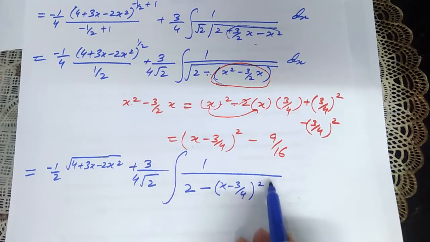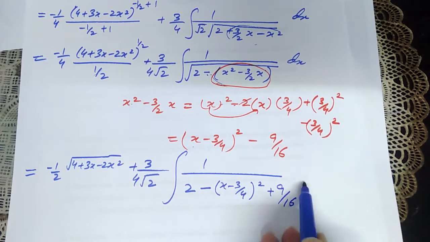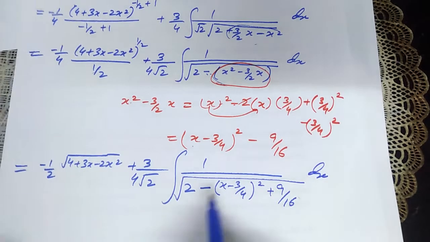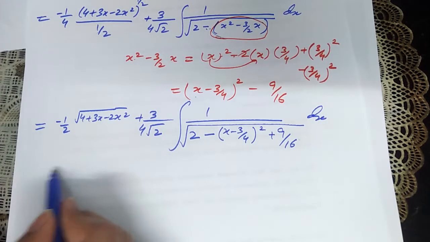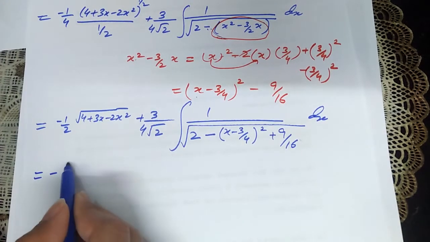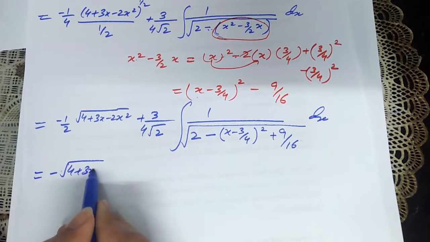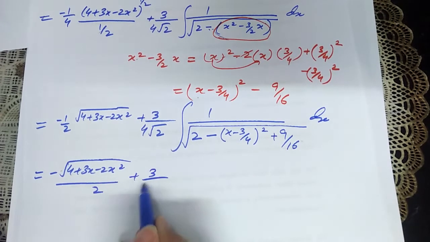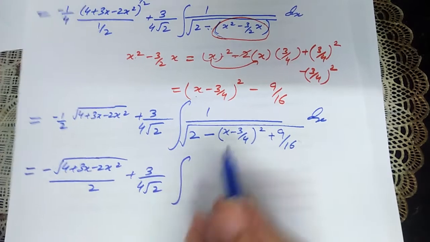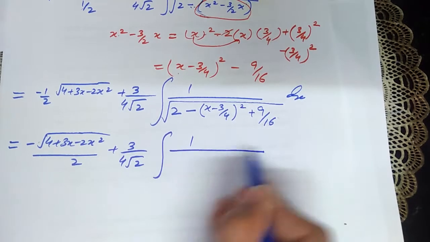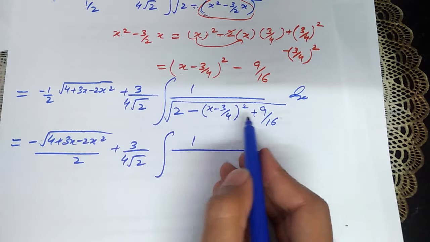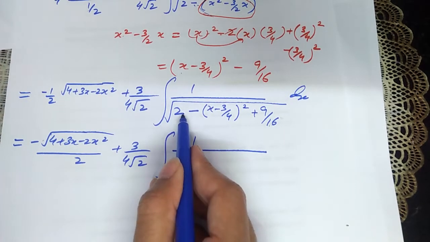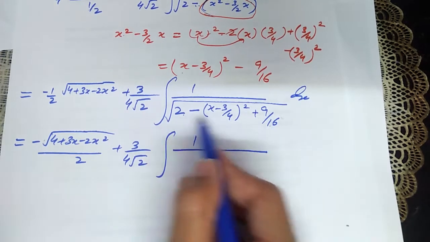That minus will become plus 9 over 16, the main under root dx. It will become minus under root 4 plus 3x minus 2x square divided by 2 plus 3 over 4 under root 2, and this thing will become 1 over 9 over 16 plus 2. This thing will become 9 over 16 plus 2.